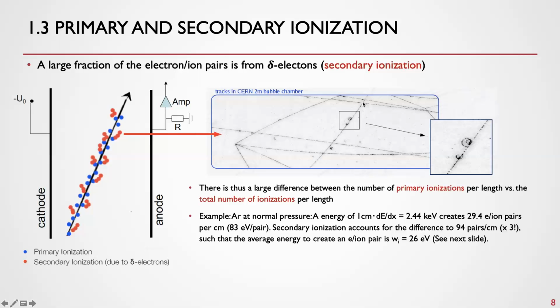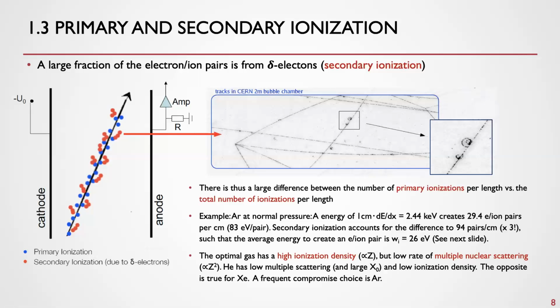So it takes 20, 30 or so electron volts to create an electron ion pair. We'll in the next lecture talk about semiconductors, and in semiconductors, this number is much lower. So in gaseous detectors, we have a fairly high minimum energy required to create an electron ion pair. It would be 80 for primary ionization, but because of secondary ionization, it's only 26 electron volts that are needed to create such a pair.